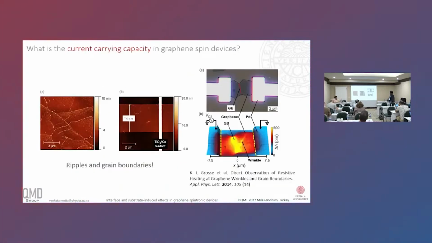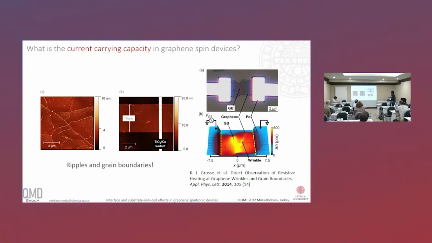So what we see is that the problem comes from here. This is an atomic force microscopy picture of commercial graphene, and you can see these ripples. In addition, there are grain boundaries, and the grain sizes range from a few hundred nanometers to several microns, less than 5 microns.